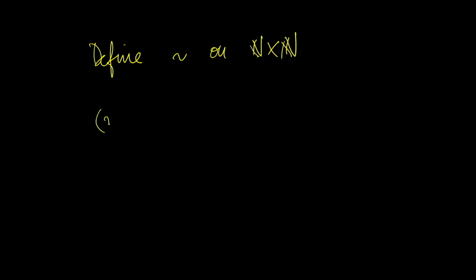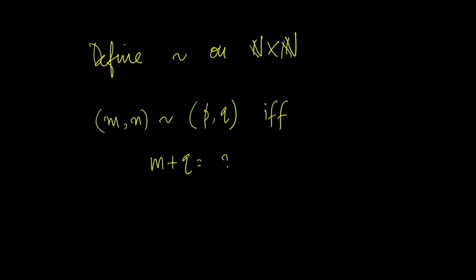For this purpose, what we do is this: we define a relation on natural numbers. This relation is defined in this manner. We say that ordered pair (m, n) and (p, q) are in this relation if and only if m plus q is the same as n plus p.